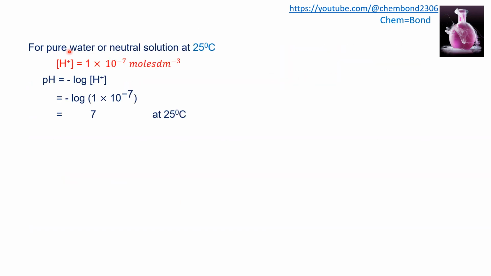For pure water or a neutral solution at 25 degrees C, the hydrogen ion concentration is equal to 1 into 10 raised to power minus 7 moles per dm cube.